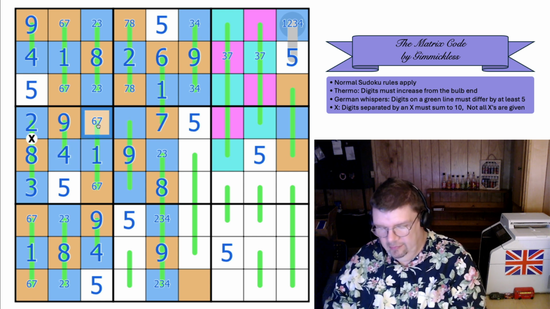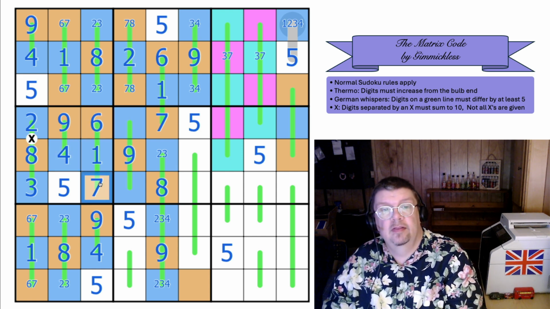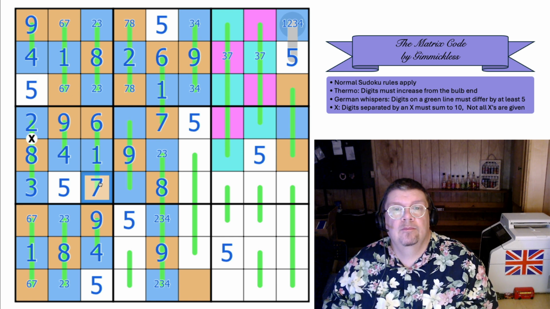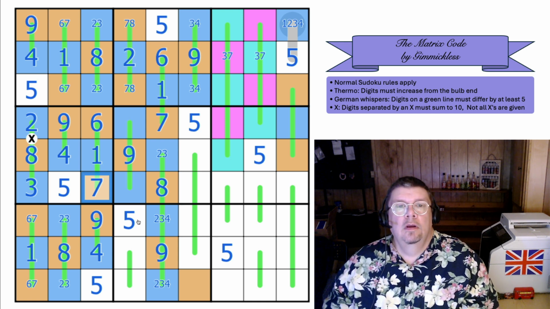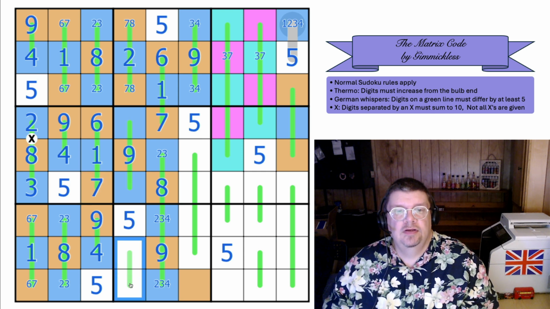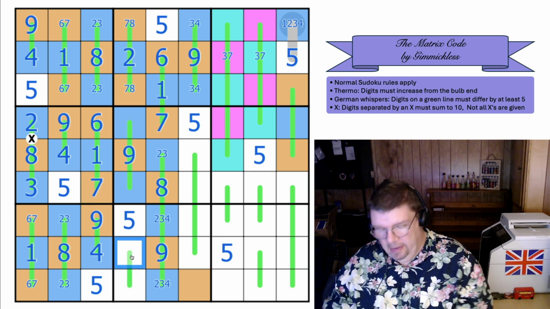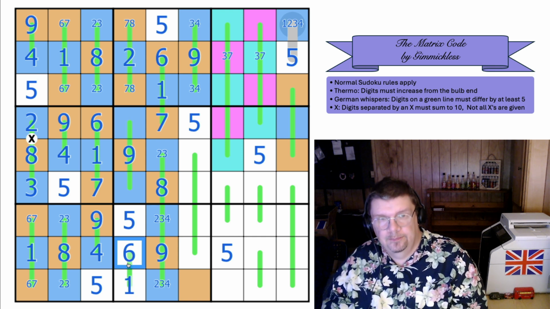That 7 makes this 6 and this 7. The high digit on here is a 6, so it's a 6-1 pair, and we can place those.